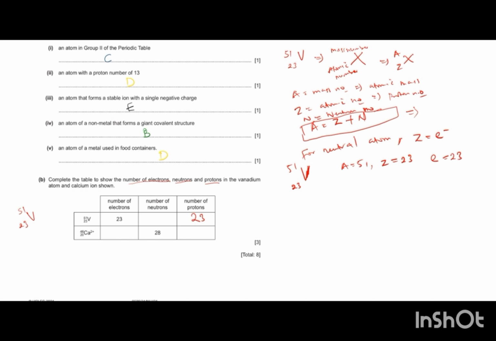So for neutrons we use the formula A = Z + N. Our A is 51, equals Z, 23, plus N. By normal subtraction, 51 minus 23 will give us the number of neutrons, which we can easily place on the calculator. 51 minus 23 is 28.